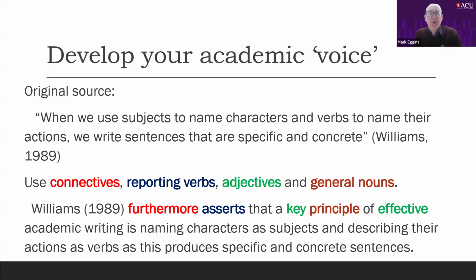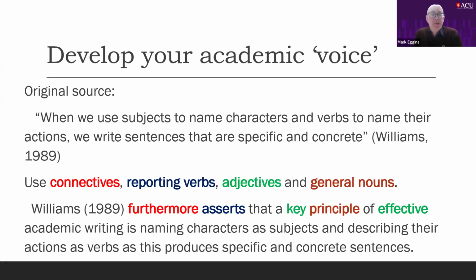So you might have already talked before about something Williams said. So now you're showing there's an addition: furthermore. Then you use the reporting verb. So rather than just say "said," you say "asserts," because he's sort of being positive about this.